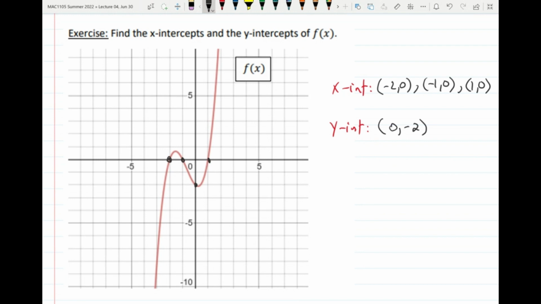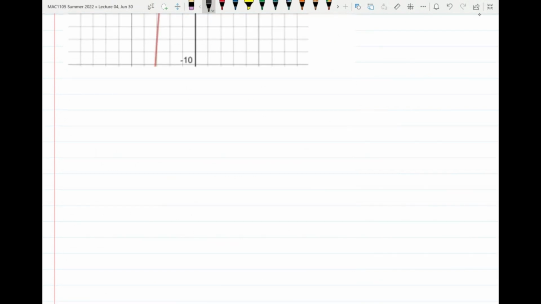All right. Now, of course, once you have the picture, what's the point? The interesting thing is to do it from the equation point of view. So now I'm going to give you some functions, and I want you to tell me the intercepts. So find the intercepts, and when I write it like this, I mean both x and y intercepts.